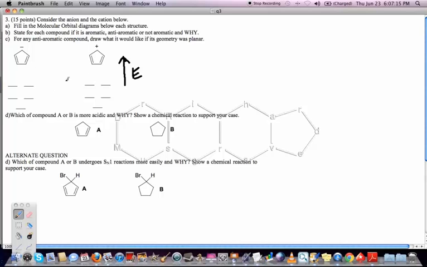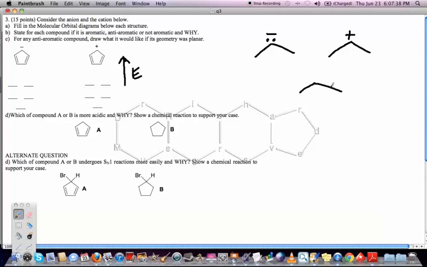So if we count up the number of pi electrons, this one's going to come out to be 6 pi electrons. We've got 2, 4, and then 6 here. The negative charge, if we take a closer look at it, is actually 2 electrons. The positive charge, as we'll see later, is 0 electrons, so it's the absence of electrons.